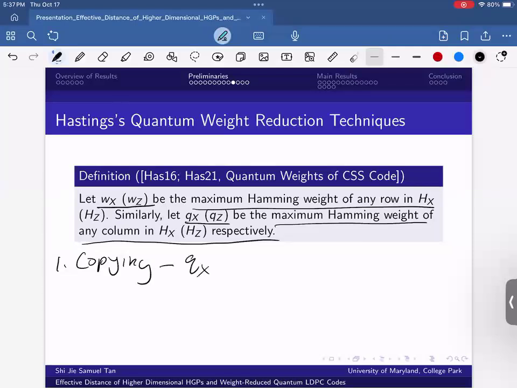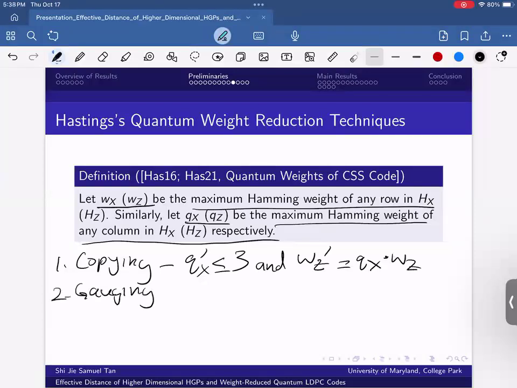It brings Qx' (I'm using prime for the resulting code parameters) down to at most 3, and then Wz' will now be Qx times Wz. So you can see that this technique is not sufficient on its own, because sure, you make Qx pretty small, but Wz increases, so it's not fantastic.